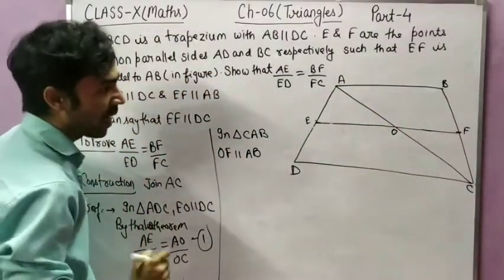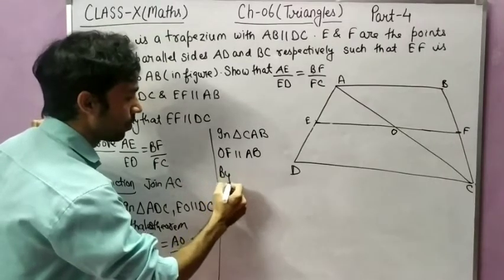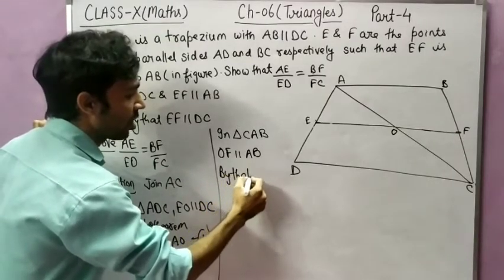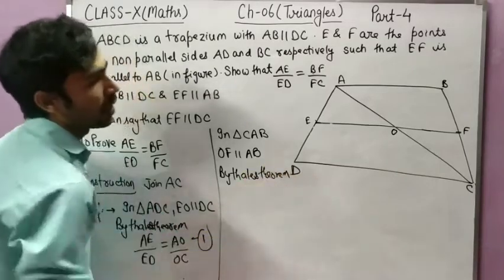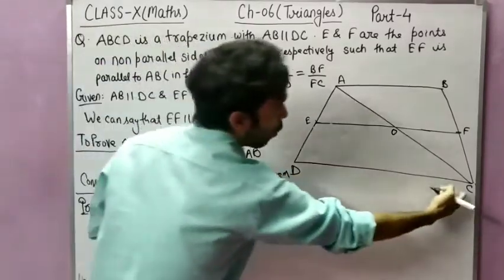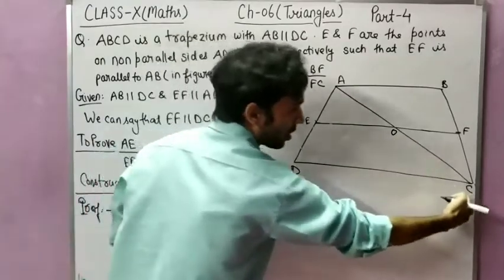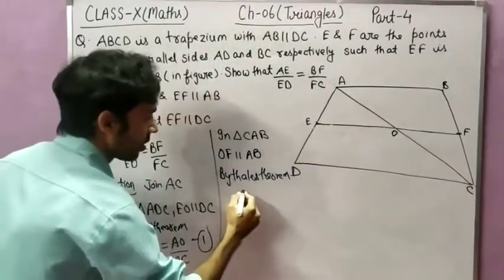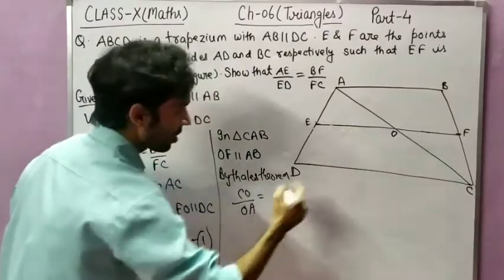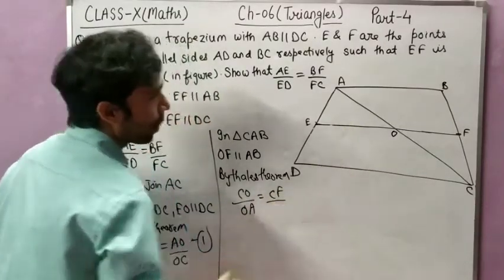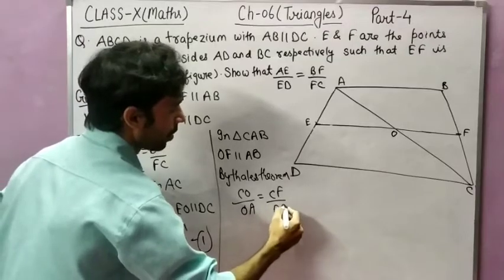So we can write by Thales theorem, CO by OA will be equal to CF by FB.